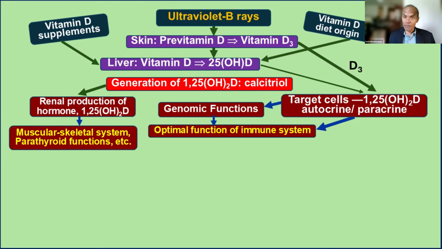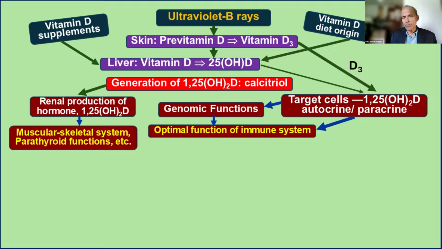So that's a well-known hormonal system. Whereas every other peripheral target cell depends predominantly on D3, and a small amount of 25-hydroxy-D getting into the cell.